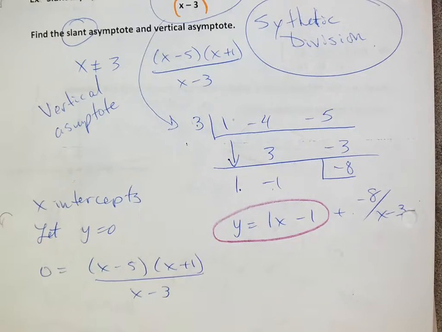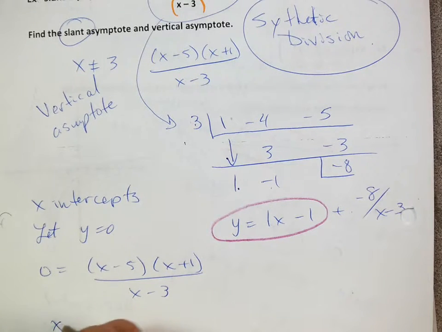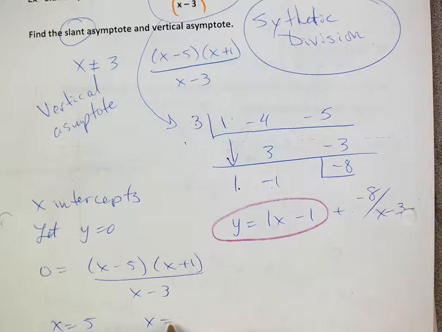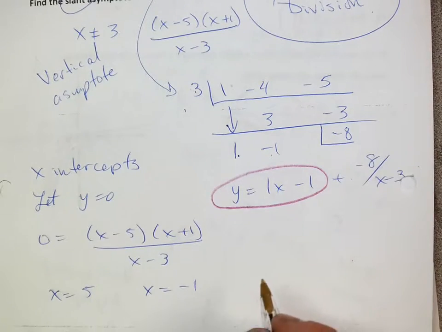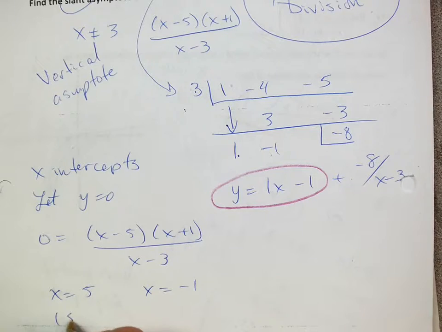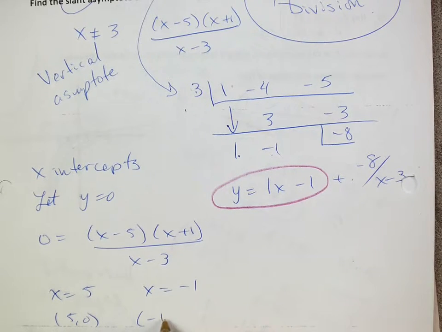Now, to make this easy, 0 on the top is 0. So at x equals 5 and x equals negative 1, those are x-intercepts. So we'll have a point at (5, 0) and a point at (negative 1, 0).